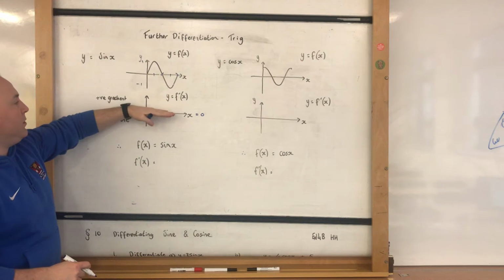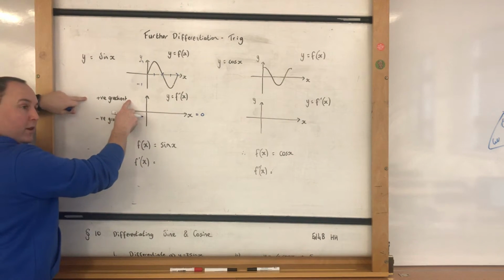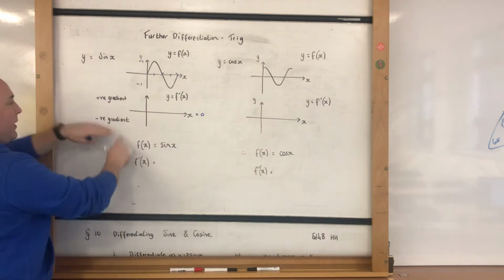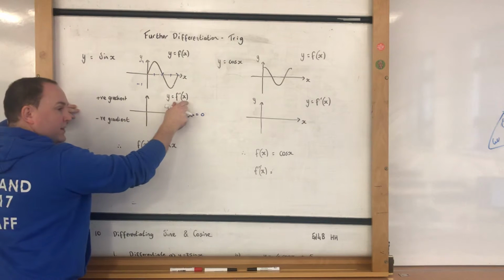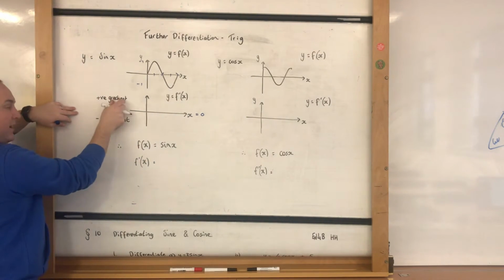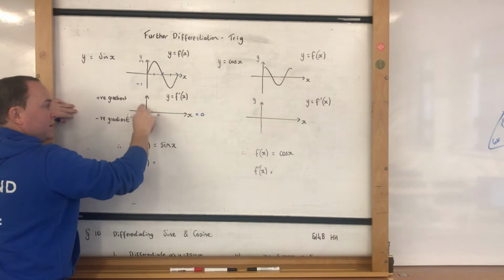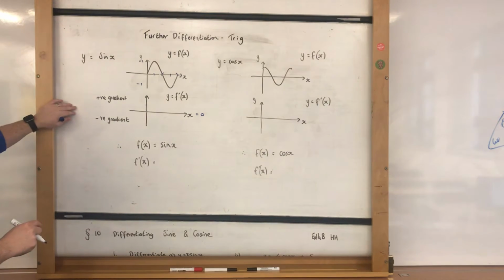Anything above there represents a positive value, anything below here represents a negative value. And that value, because the derivative is directly related to the rate of change, which is the gradient, then anything above here is when the gradient's positive, and anything below here is when the gradient's negative, okay?